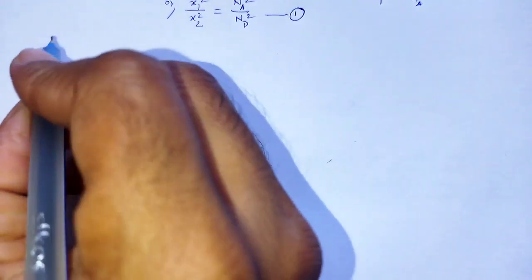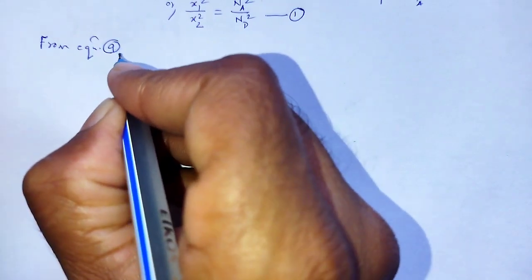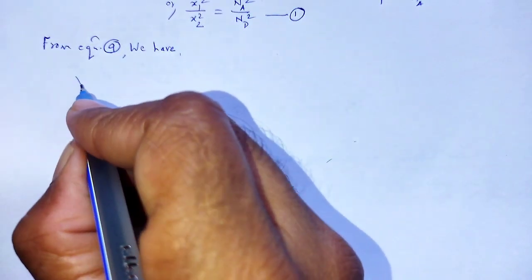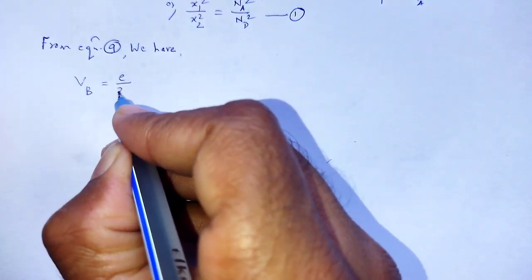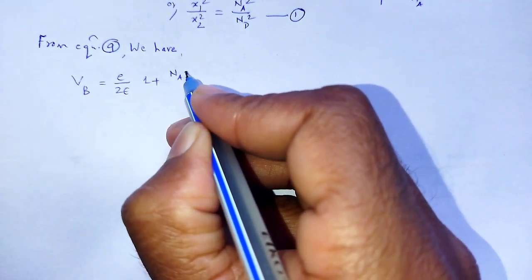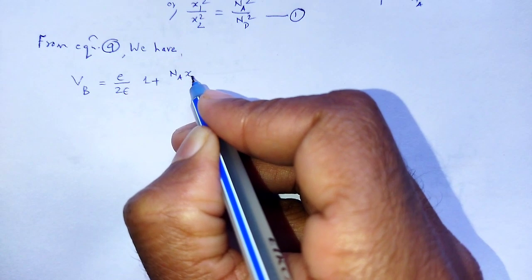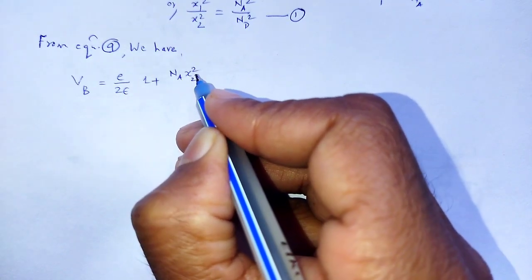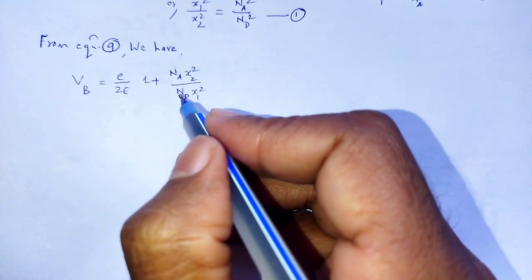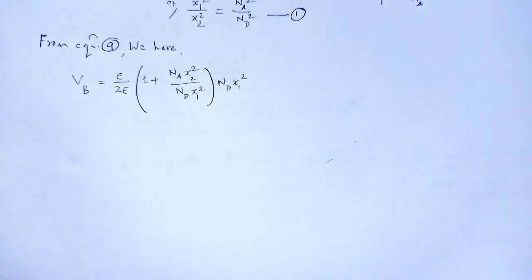From equation number 9, we have Vb is equal to E by 2 epsilon, 1 plus Na x2 square divided by Nd x1 square, whole into Nd x1 square.